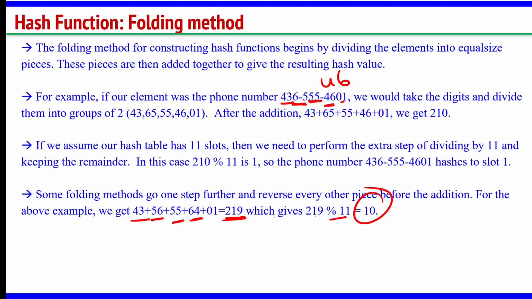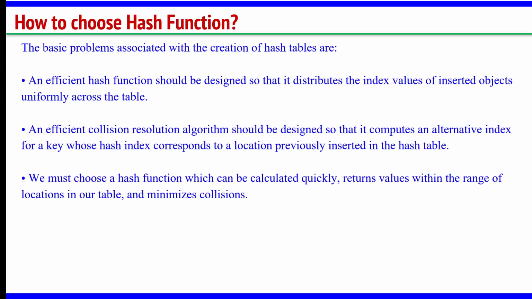You can even use the folding method. How to choose the best hash function? What are the challenges associated with choosing a best hash function? An efficient hash function should be designed so that it distributes the index values across the table uniformly.